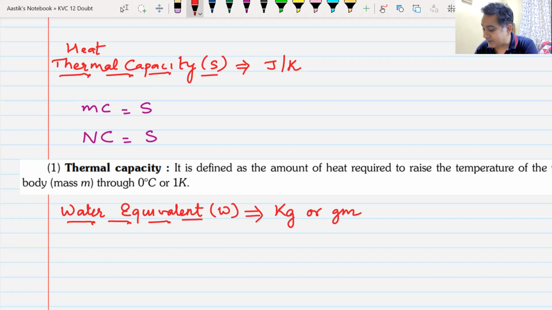It'll look complicated, but numerically, the water equivalent is equal to S. I'll try to explain it through an example that will be more relevant.